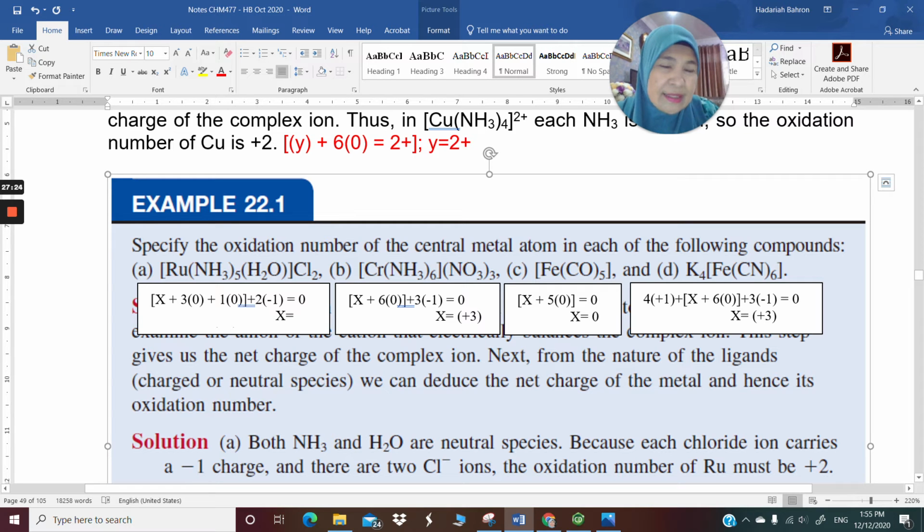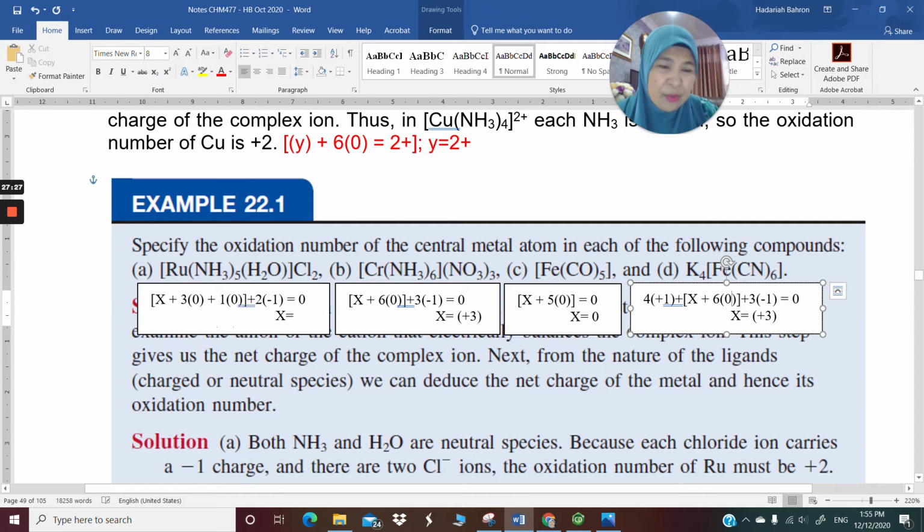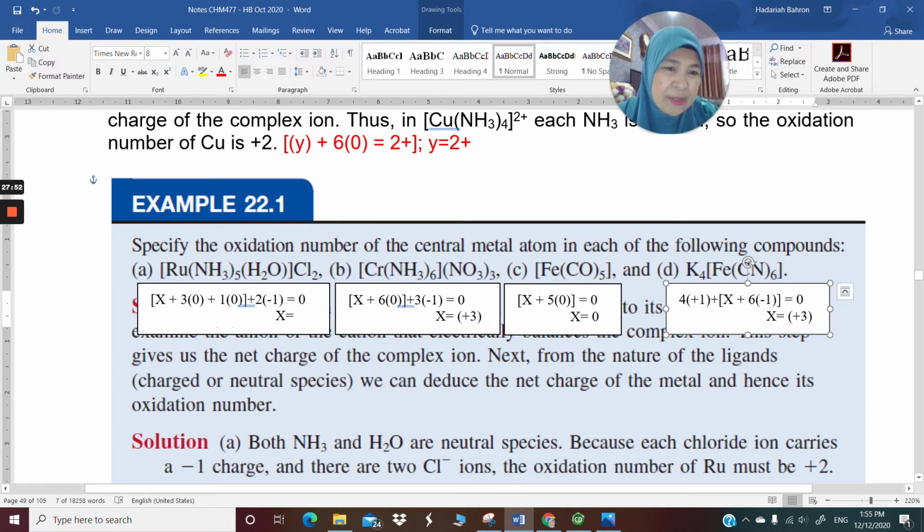And cyanide, what is the charge of cyanide ion? It is a charge of -1. X is for iron, 6 cyanide is 6 times -1, and the whole coordination compound of D has a 0 charge. You don't see any charges here. So 4 plus 1 plus X minus 6, so X is equal to 2 plus.